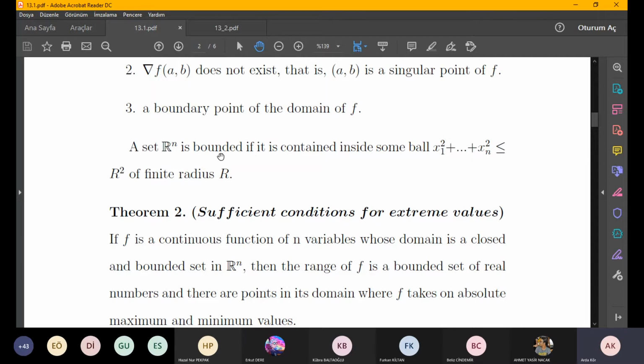This is the definition that we have seen in the topological definitions. So any set in n-dimensional space is called bounded if it is contained inside such a ball.